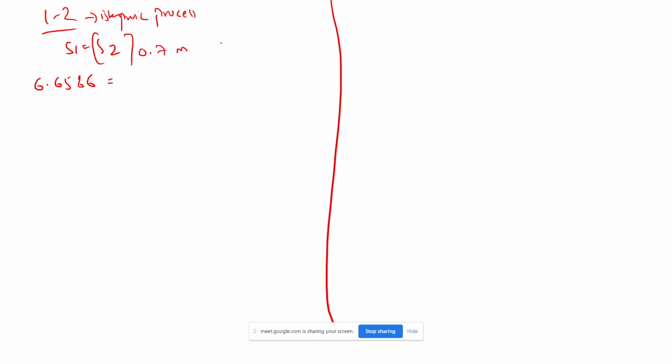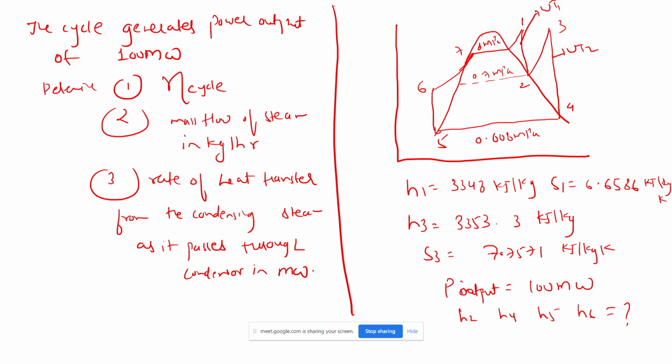Okay, so at 0.7 megapascal, what are the other values they have given? Sir, efficiency is 52.734. No, it is 49.7. What have you taken at this point, have you taken it as a saturated vapor?